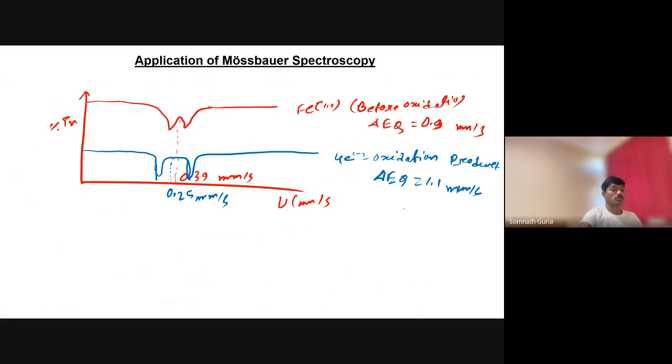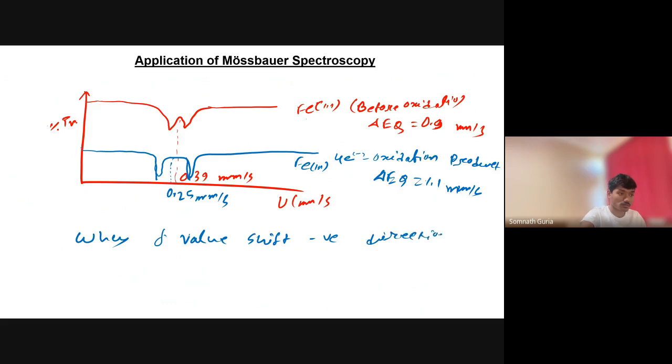Okay, so this is the iron 3 also. Now the question is, why this shift of delta value on the negative direction?